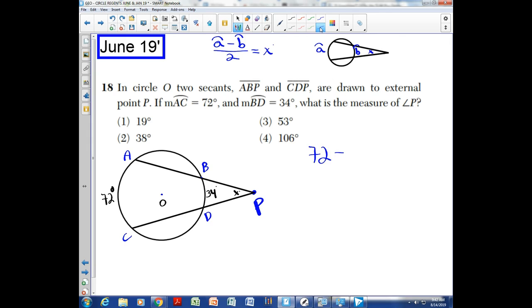Then I subtract the 34 degrees and divide it by 2. 72 minus 34 is 38, divided by 2 is 19 degrees. Oh, look at that. And there's our answer.